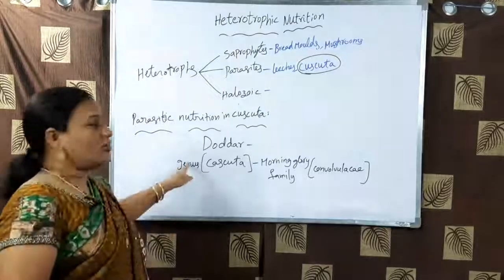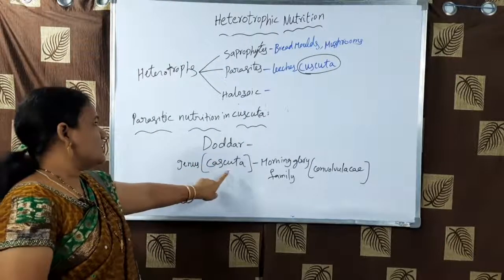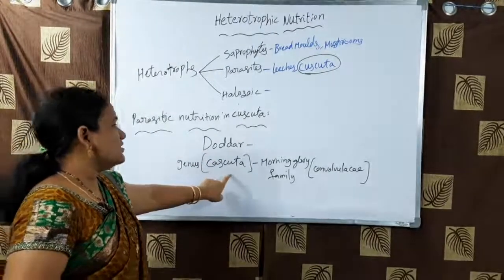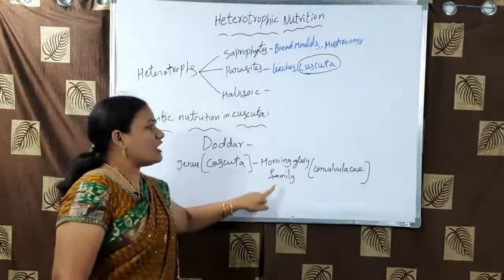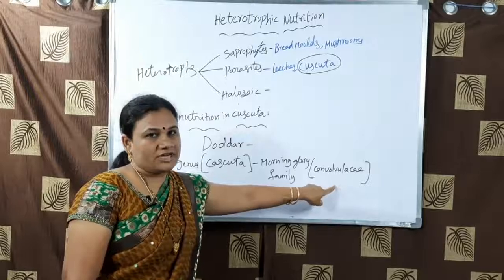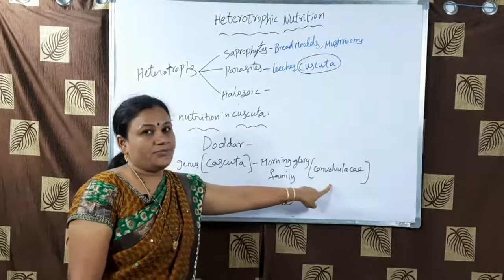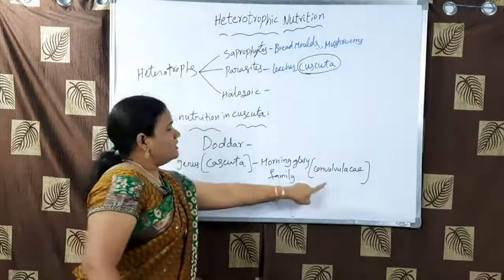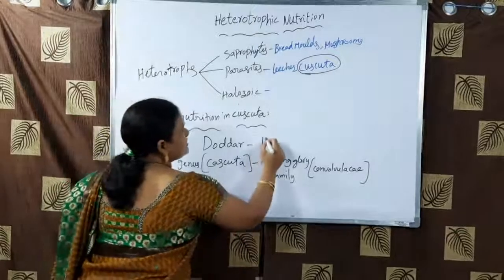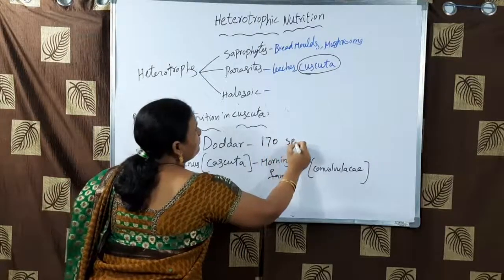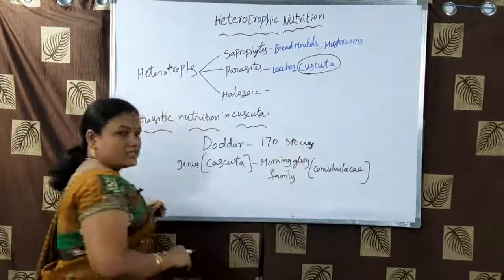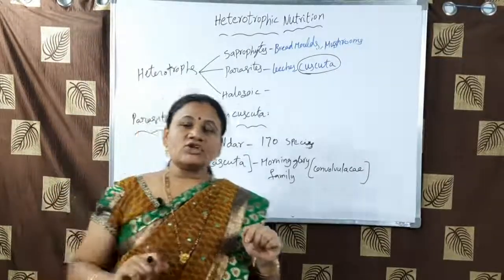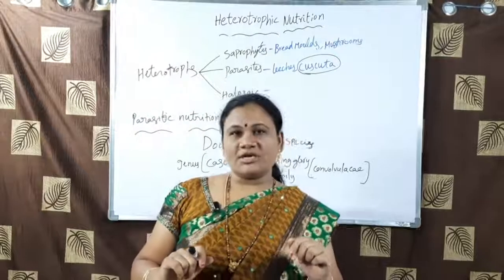So, Cuscuta's common name is dodder, which belongs to the Cuscuta genus. That means the Cuscuta genus belongs to the morning glory family, whose scientific name is Convolvulaceae. There are 170 species which are spread all over the tropical regions.